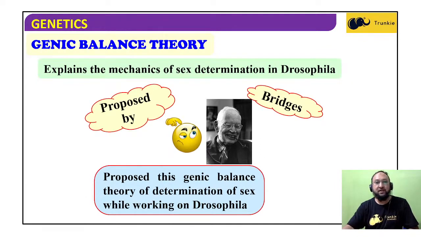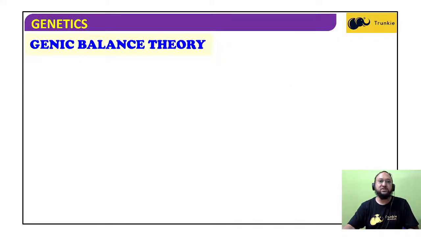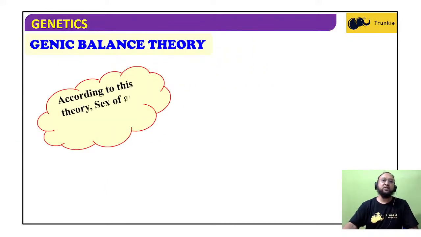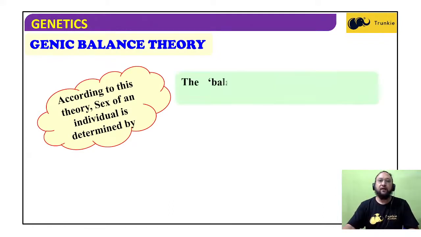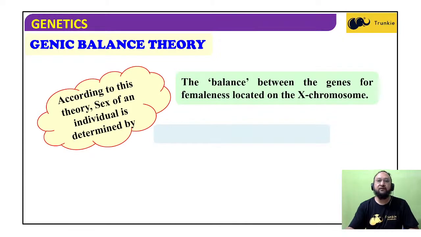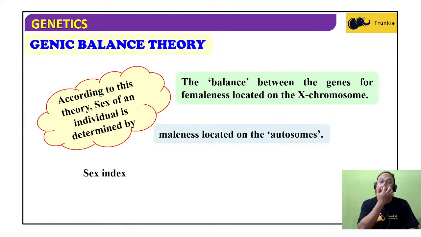So what is the genic balance theory? We will go into the detail. According to this theory, the sex of an individual is determined by the balance between the genes for femaleness located on the X chromosome and the genes for maleness located on the autosomes.